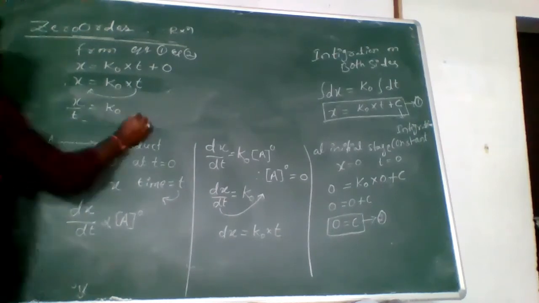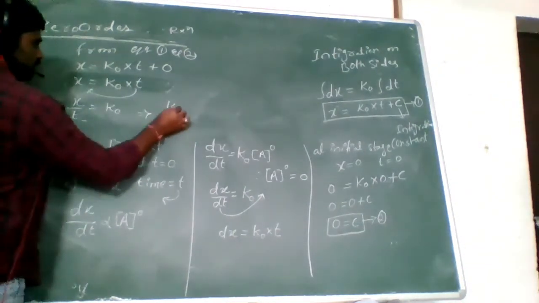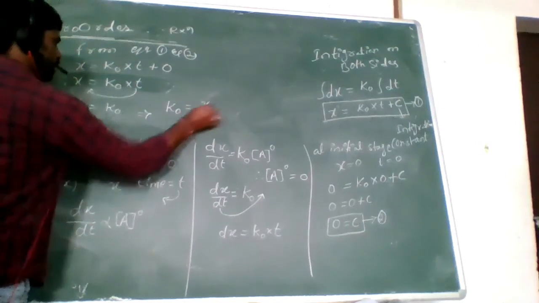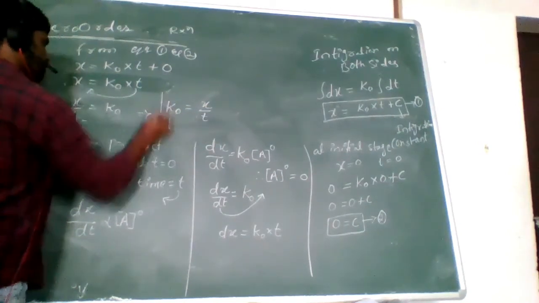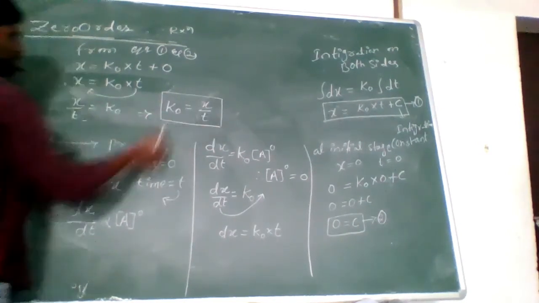So we write k naught equal to x by t. So this is the zero order derivation.